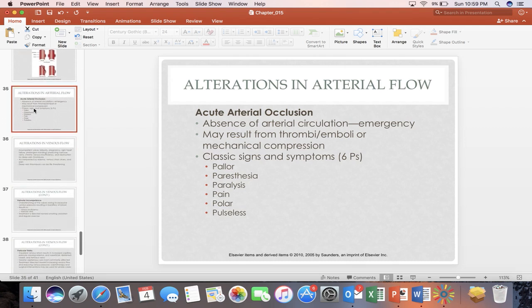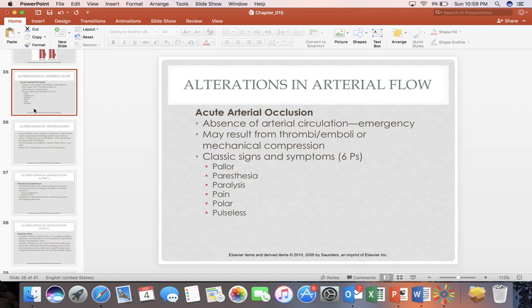Acute arterial occlusion is the absence of arterial circulation, which is an emergency that may result from thrombi, emboli, or mechanical compression.